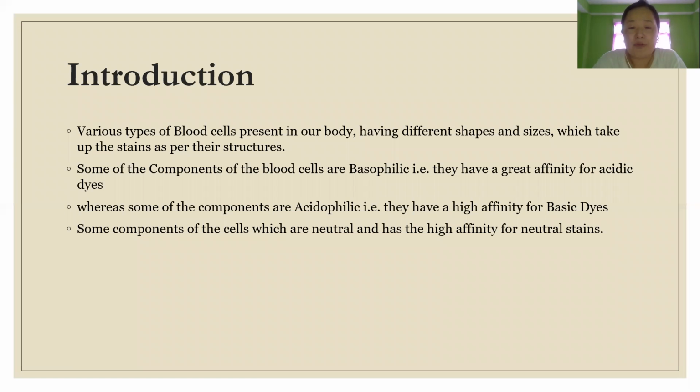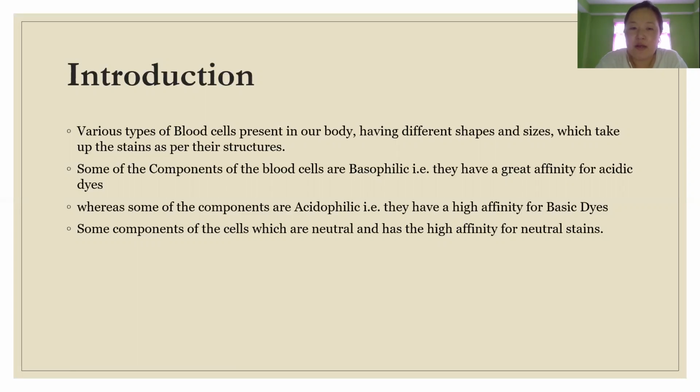So you all know that we have different types of blood cells in our body, and they have different shapes and sizes, and they will take different colors according to the content which they have inside them. The content of the blood cells can be basophilic or acidophilic in nature.